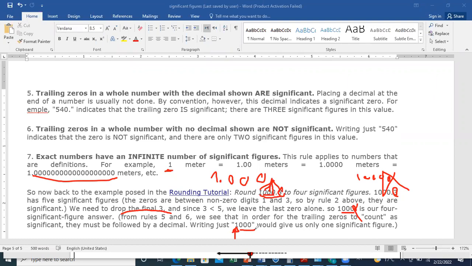Okay? These are just rules, and you just apply them. Usually in multiple choice, sometimes they give you a number and just ask what the number of significant figures is. And if you know these rules, you can answer the question. Okay?